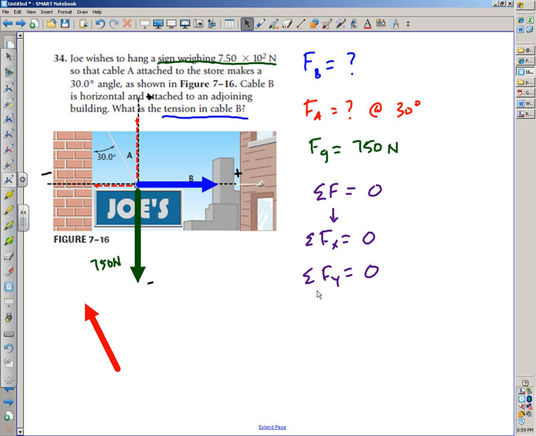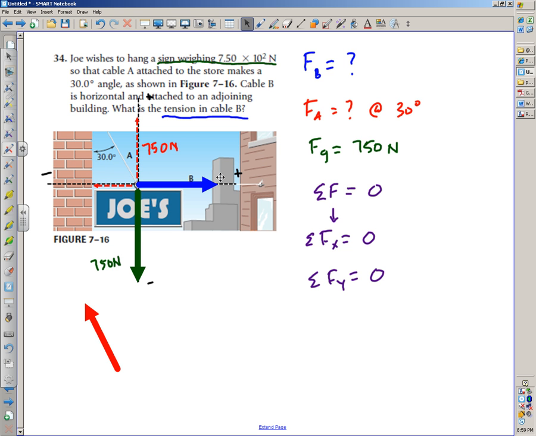Because equilibrium says that we have to have zero net force on the y-axis, that means that this upwards component has to be 750 newtons in order to balance out the gravitational force. That doesn't get us what we want to know, but hopefully you can make the jump.